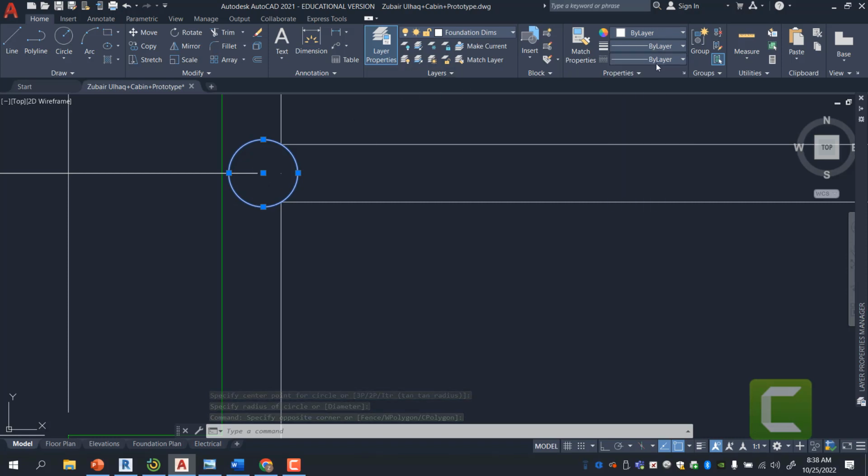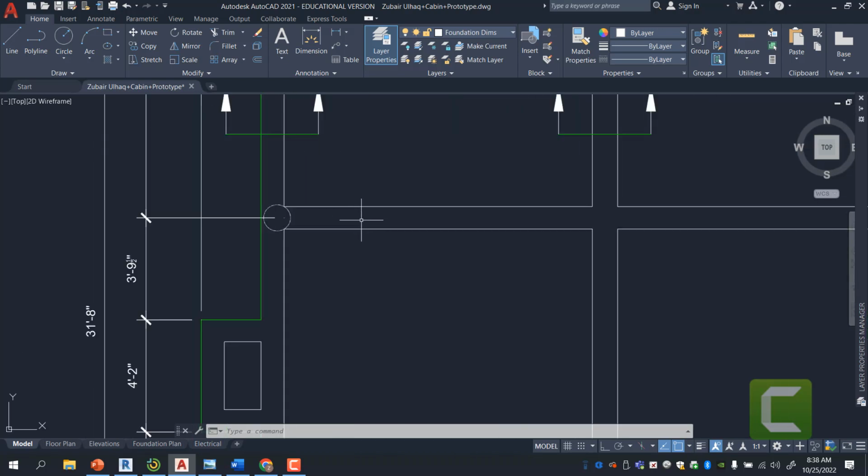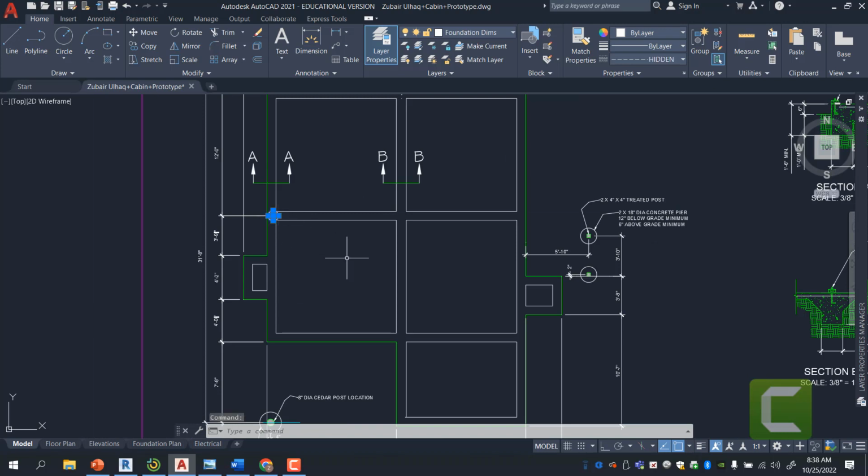And I'm just going to do this for the sake of representation. And that will indicate that there's a pier that is right at this location. And these piers can be placed in anytime you have bad soil. You're looking at type C or type B soils.